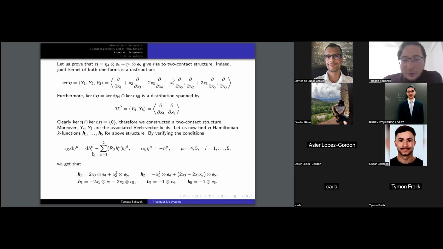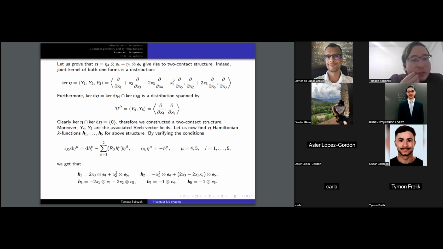Okay, so moving on, I want to underline that this is the way we construct the projective Lie system, meaning those H1 to H5 are first integrals of our Reeb vector fields.